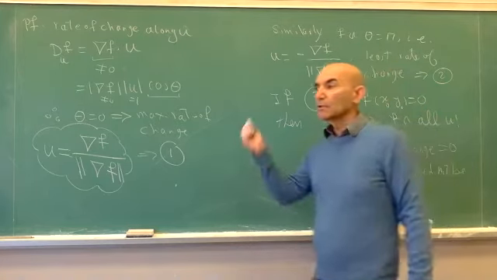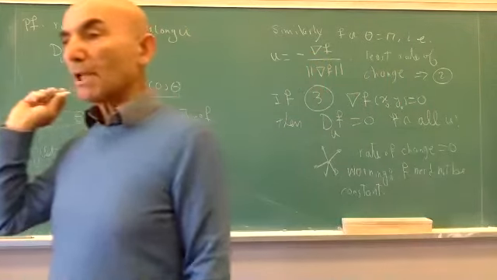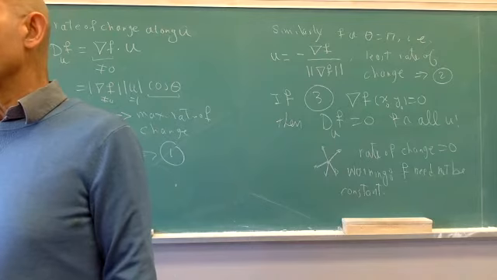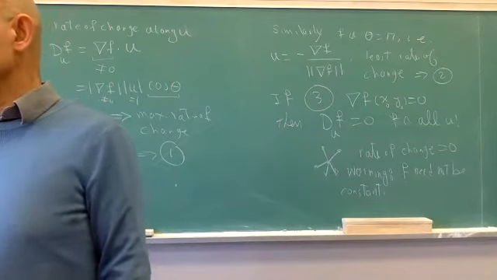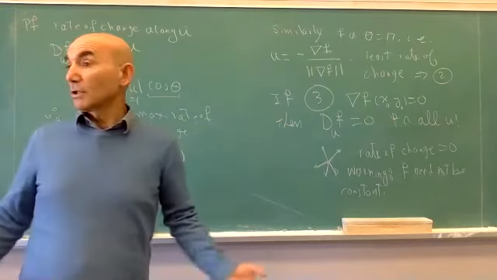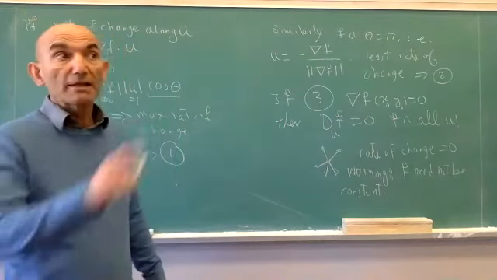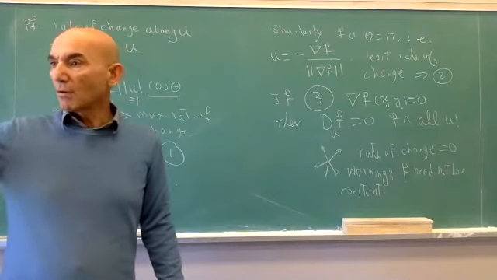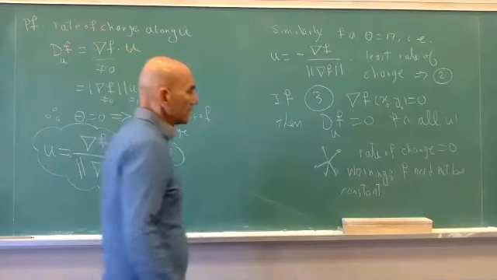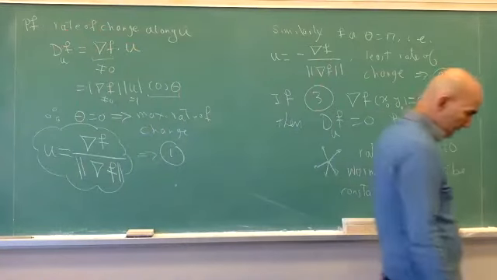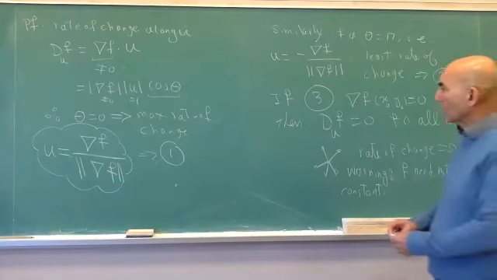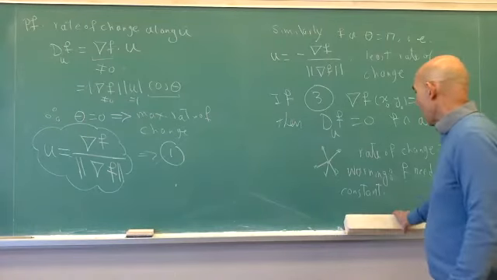A good example is the one I picked right at the beginning. We had a function whose gradient at one point was 0, but that function was totally non-zero: x squared times ln of y squared plus 1. That's the case.